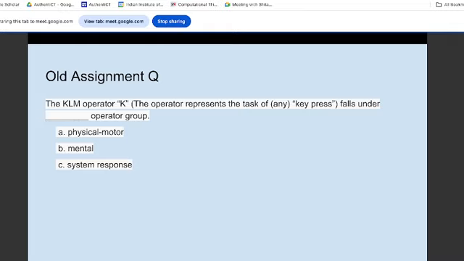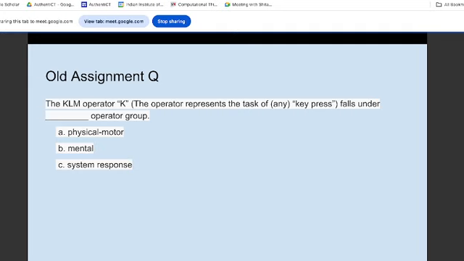So this is another old assignment question. The KLM operator K, the operator that represents the task of any key press, falls under which group? Is it physical motor, is it mental, or is it a system response? When I press a key, I'm performing a physical motor action with my hand, with my fingers.